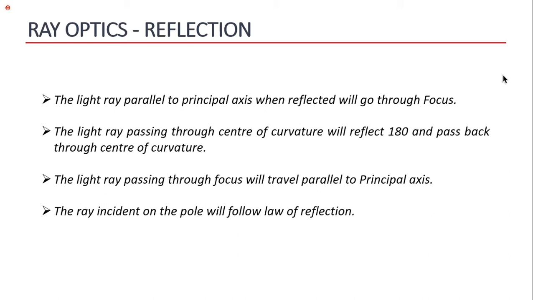Clear. So take down this. A light ray parallel to the principal axis, when reflected, will go through the focus. Next, a light ray passing through the center of curvature will reflect 180 degrees and again pass through the center of curvature.